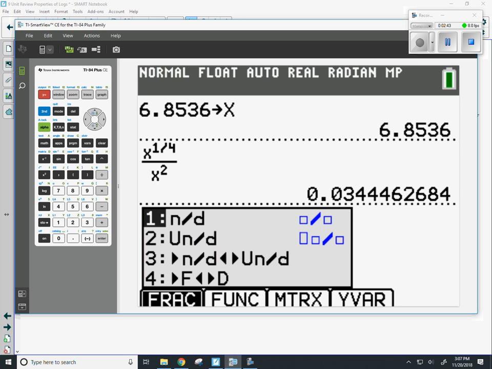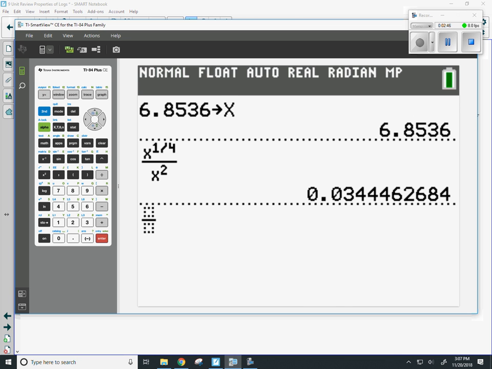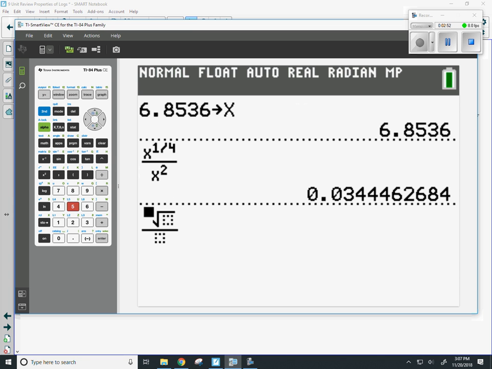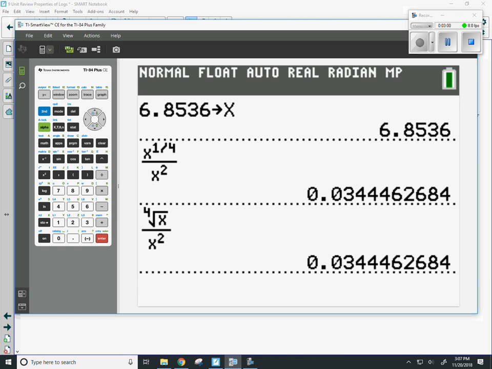Try to make it look as close as possible. For the 4th root, you'd hit the math button and choose option 5. So the 4th root of x over x squared. That one matches.